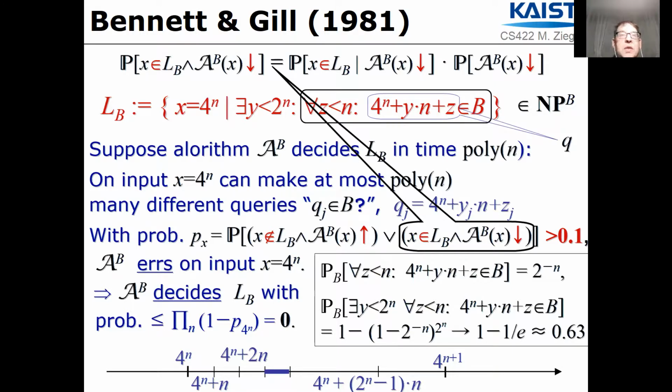So that concludes the proof of the Bennett and Gill strengthening of the Baker-Gill-Solovay theorem, showing that with probability 1 relative to this random oracle, P is actually different from NP, and therefore all relativizing proof techniques cannot show P equal to NP.